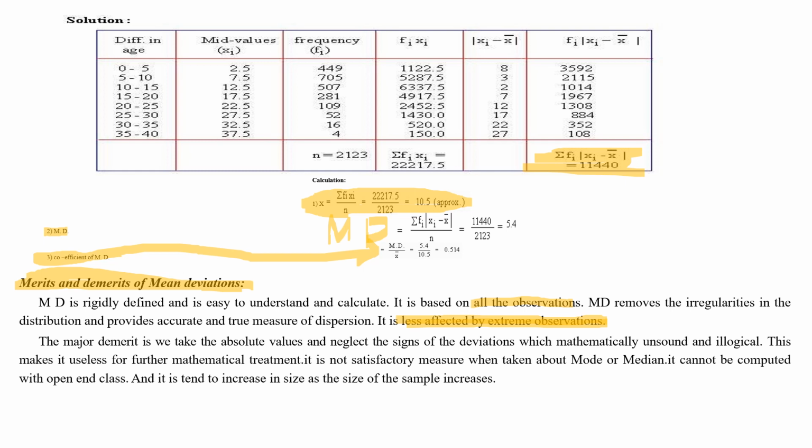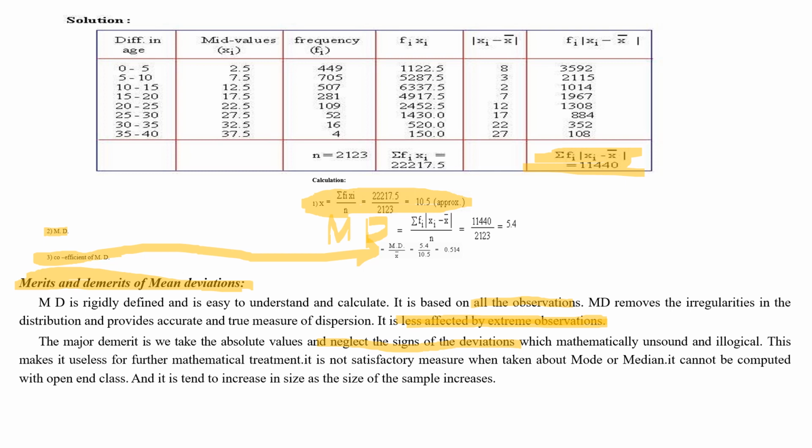The major demerit is that we take the absolute values and neglect the signs of the deviations, which is mathematically unsound and illogical. This makes it useless for further mathematical treatment. When we neglect the minus sign, the signs of deviations, it is called unsound and illogical.